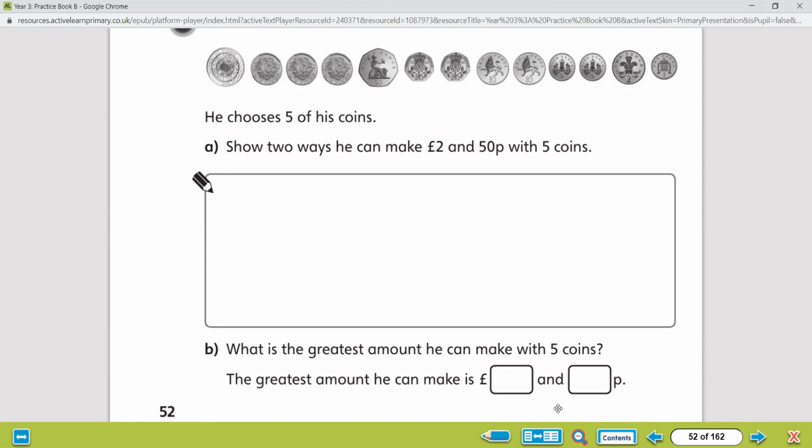So you're going to have to use the 5 biggest value coins. So it's really lucky they've been put in order. So you might use that one, and that one, that one, that one, and that one. Oh, I wonder if that's helped you. I'd like you to have a go at 3b.